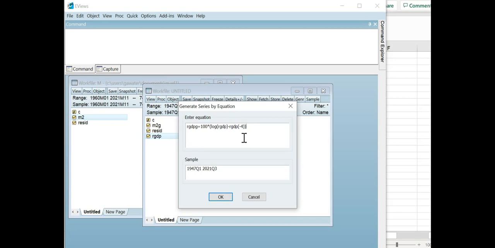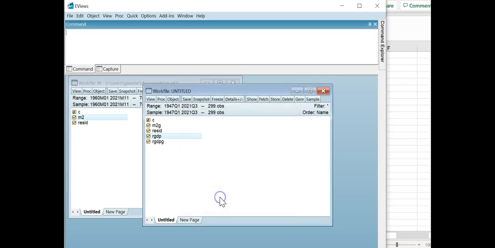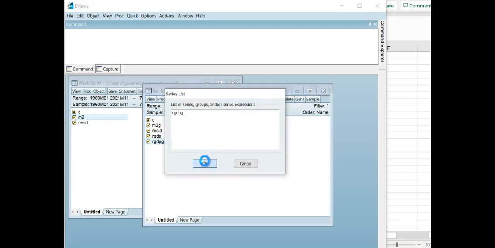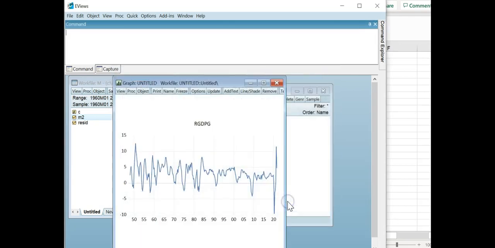Oops, I forgot the log here, didn't I? So this is the log difference over a full year, over 4 quarters. And we'll multiply that by 100, so we get a percentage, which is, I think, what we got for M2 growth. And let's see if that turned out okay. Okay, yeah, that looks familiar.